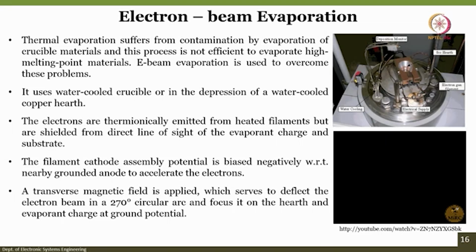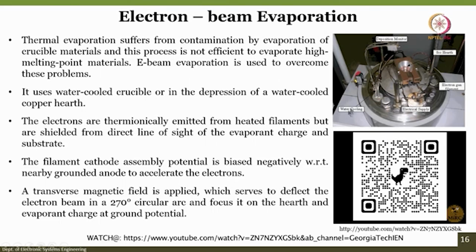A transverse magnetic field is applied which serves to deflect the electron beam in a 270-degree circular arc, and then focus it on the evaporation charge at ground potential. So, let us see the video for the same and we will continue from there.